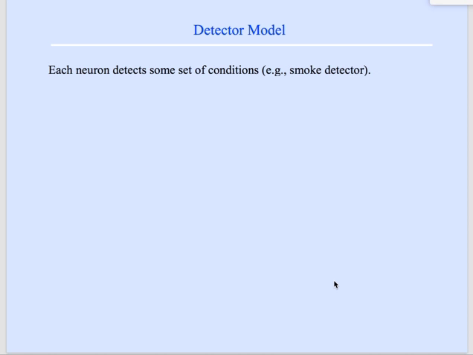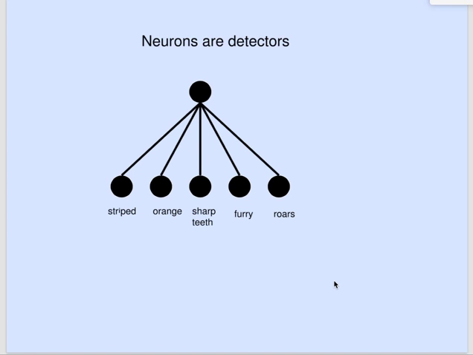One way to think about what neurons are doing is they're sort of detectors, and each neuron is detecting some set of conditions, like a smoke detector detects smoke. For example, suppose you have a setup like you have here, and you have a feature or a neuron that indicates striped, orange, sharp teeth, furry, and roars.